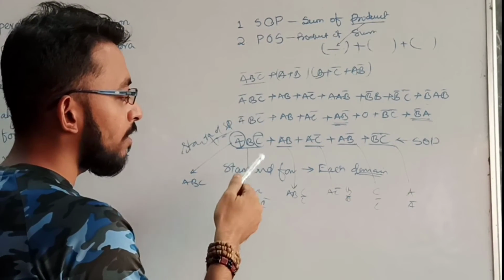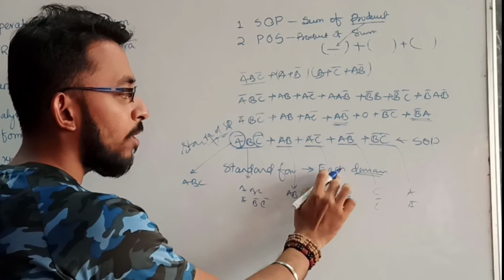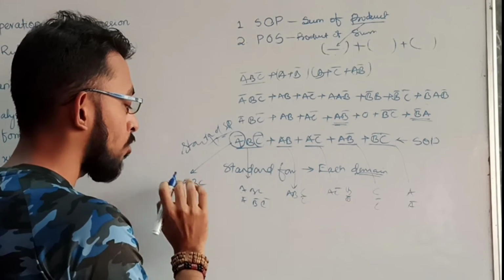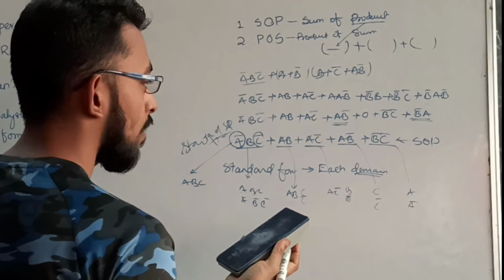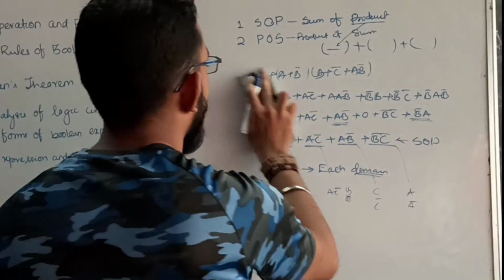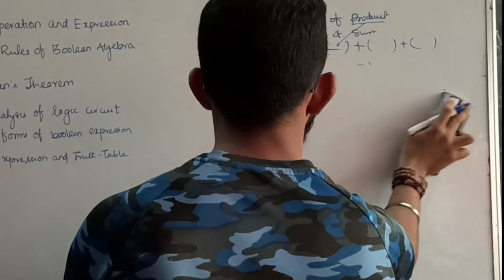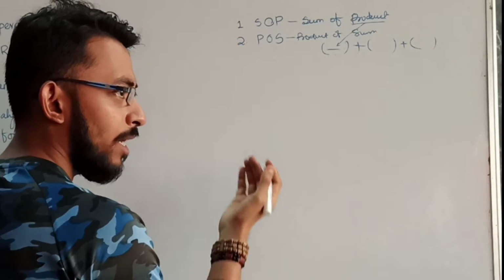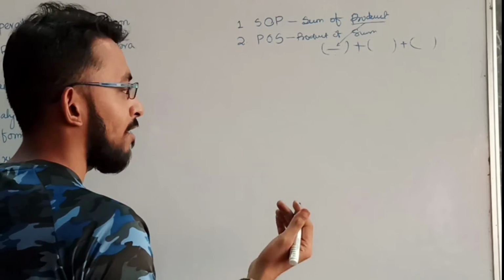Standard SOP will be that form in which each term has the same number of domains, the number of domains present in the expression. It should be present in each term. So let's take a 4 input SOP and solve that one. How to convert this general SOP form into standard SOP?